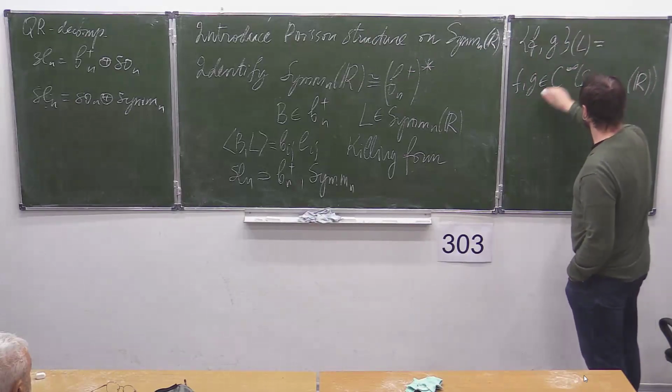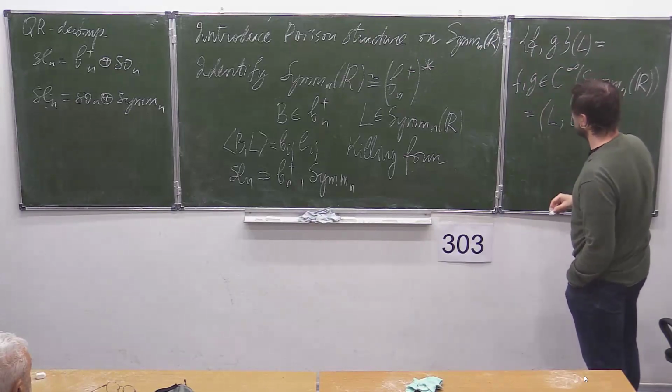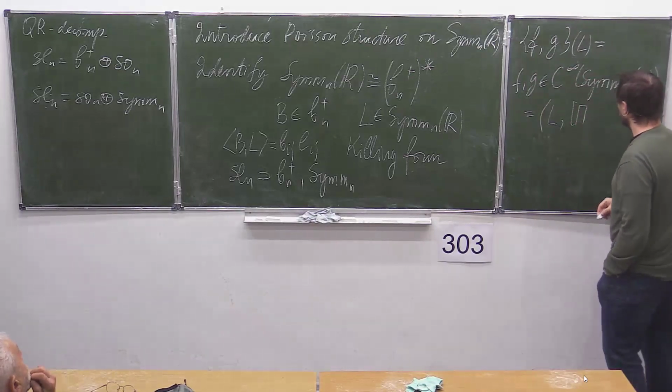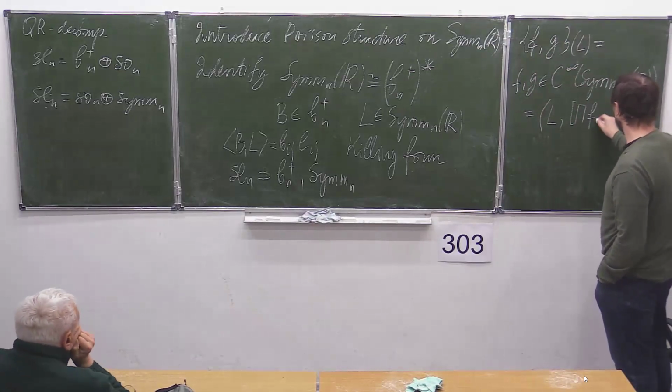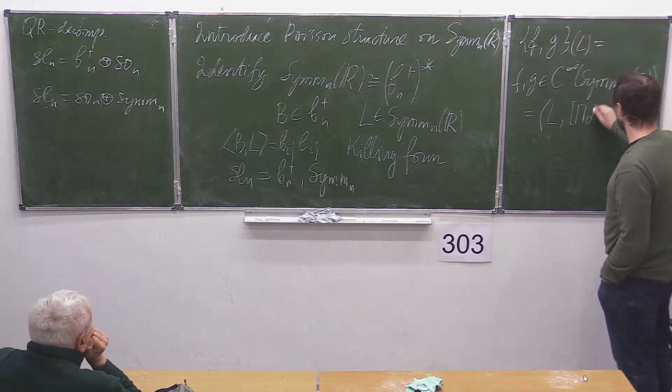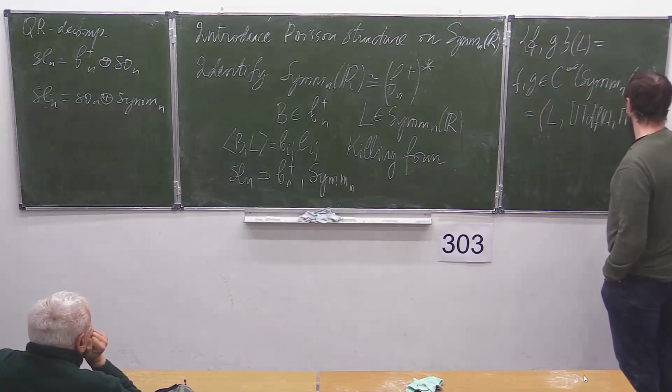You can write down the Poisson bracket of two smooth functions on symmetric matrices using the following formula: you take L and pair it with the projectors onto upper triangulars of the differential of F at L, the differential of G at L, and the commutator.